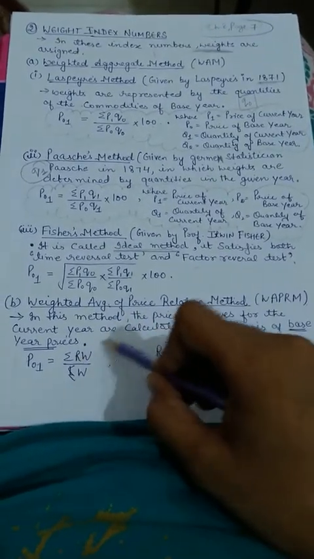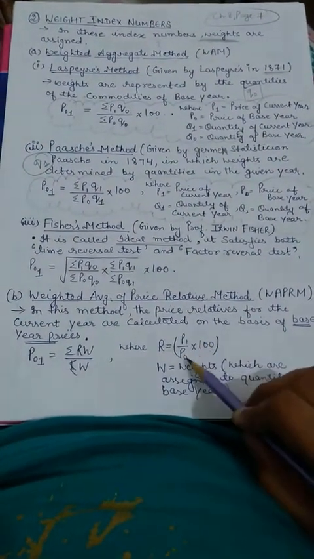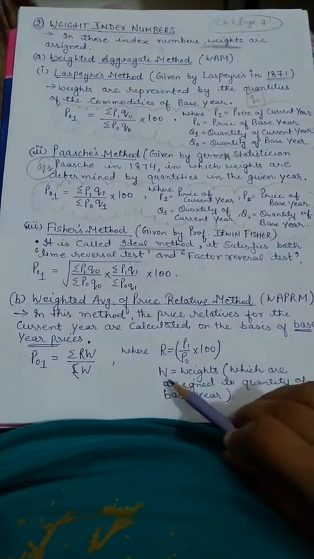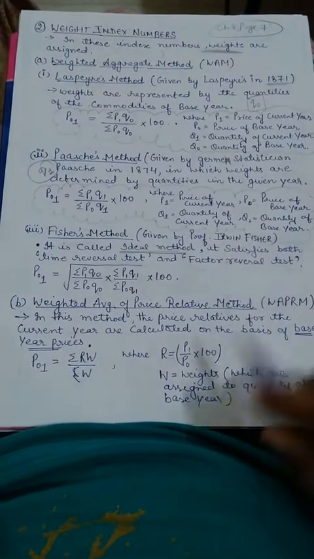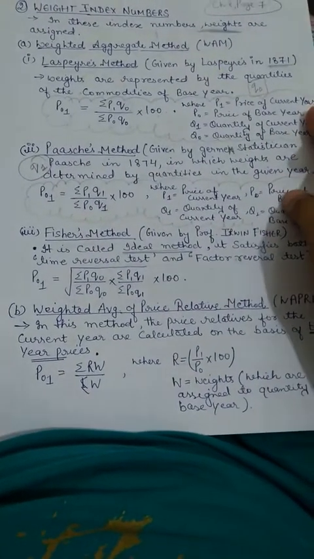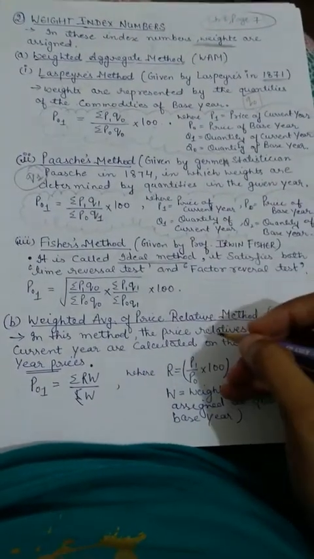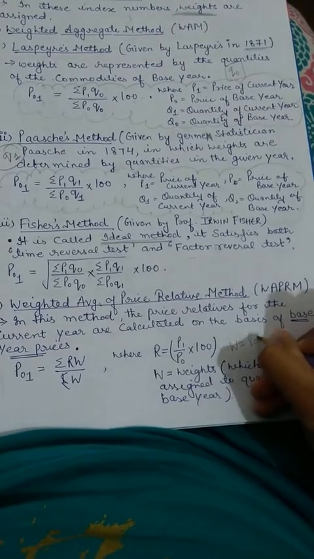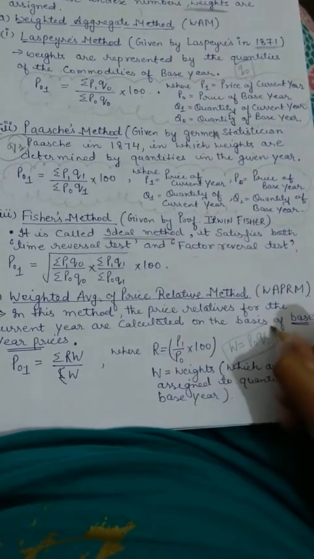Now what is this R and what is this W? Your R is P1 upon P0 into 100, and your W is the weights which are assigned to the quantity of the base year. How do we get the value of W?